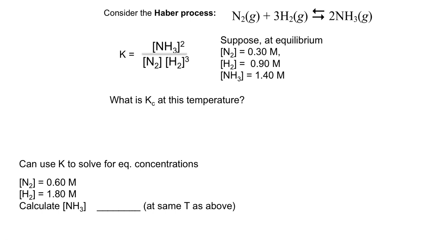Again, this is the formation of ammonia, N2 plus 3H2 in equilibrium with 2 NH3. If we have concentrations of N2, H2, and NH3 at equilibrium, we can then calculate our equilibrium constant K sub C. And again, this is C. It gets sloppy here.